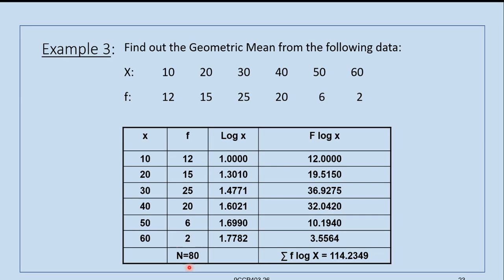The total frequency is 80, so n is 80. The formula is sigma f log x by n, that is 114.2349 divided by 80. That is the geometric mean.